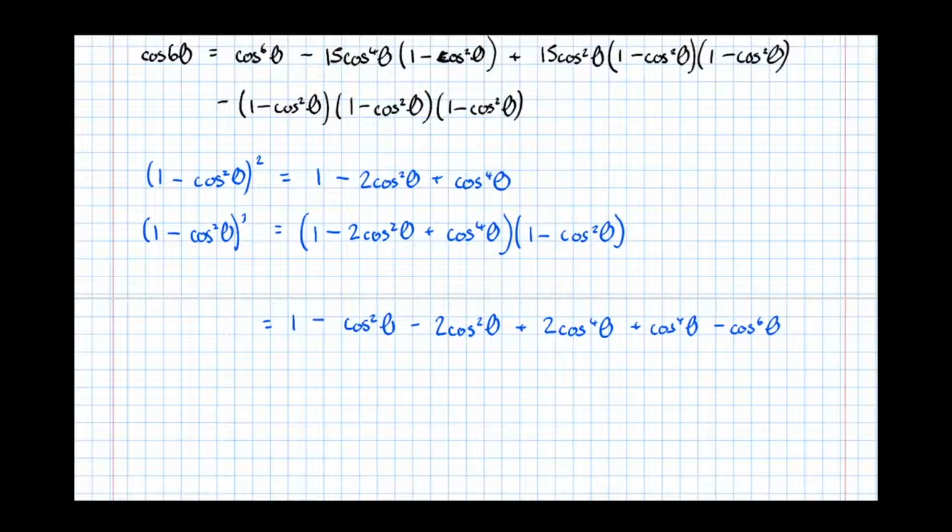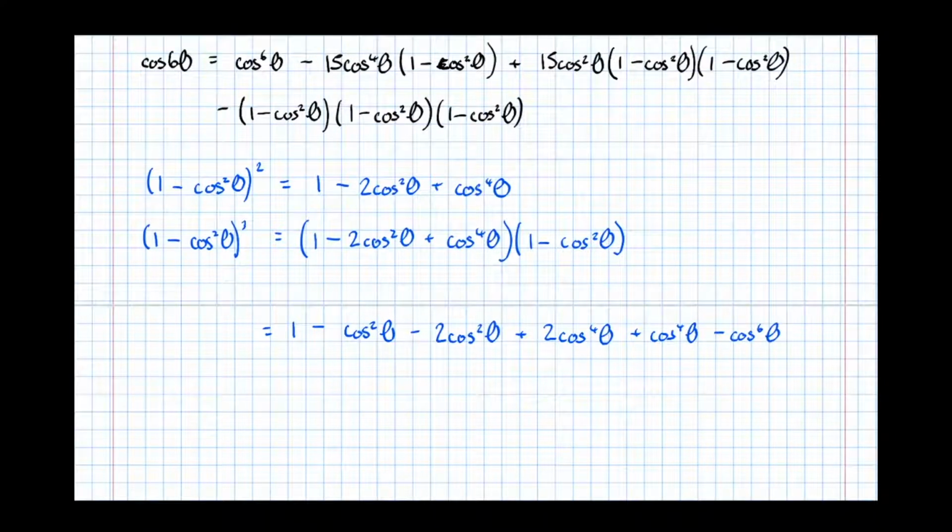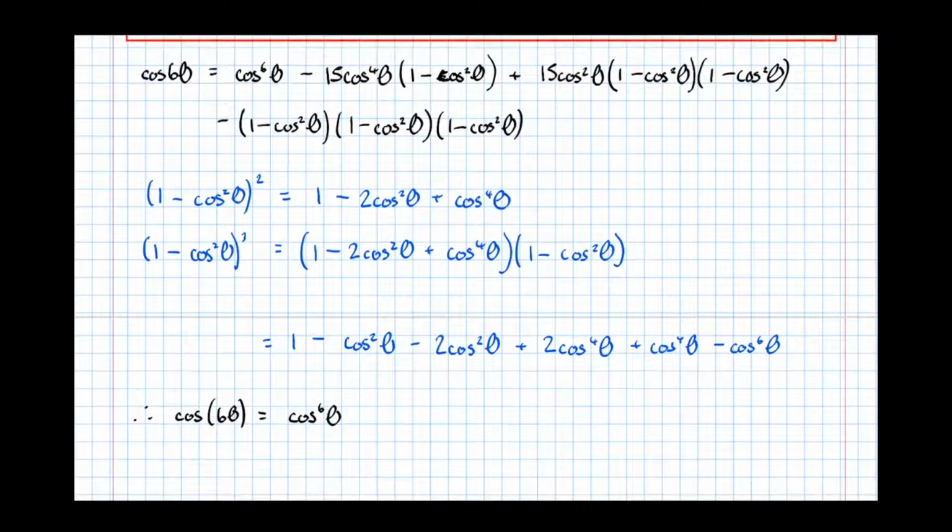So I've got the groundwork done for this. So now let's sub it in. So therefore, cos of 6 theta equals cos to the power of 6 theta. Looking at our above expression there, take, and let's expand this straight away.